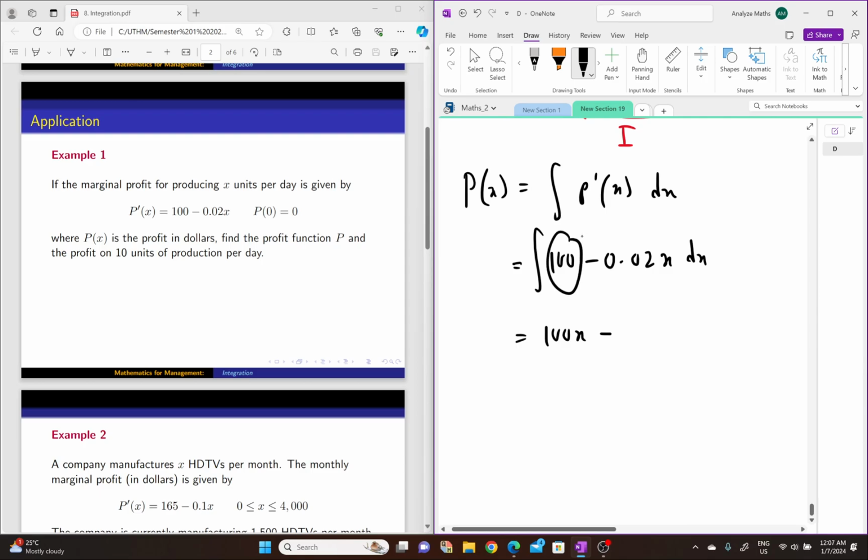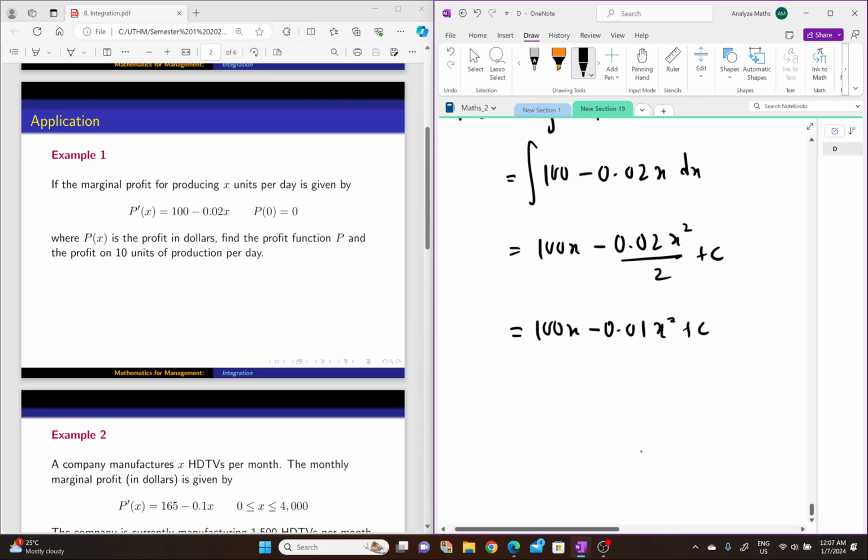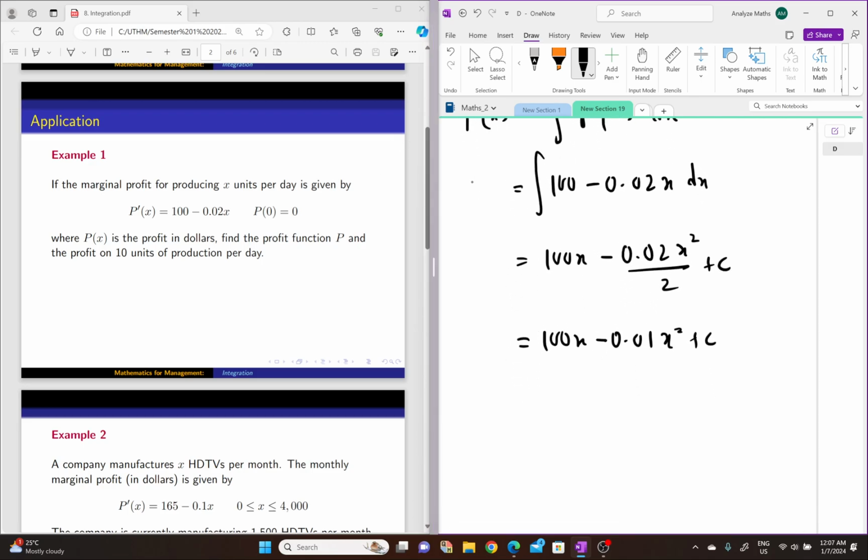As I told you, any number you want to integrate, you multiply an x, the variable. So this one will give you this function, but there's a c there. We have to find the c. Sometimes they give you a hint.